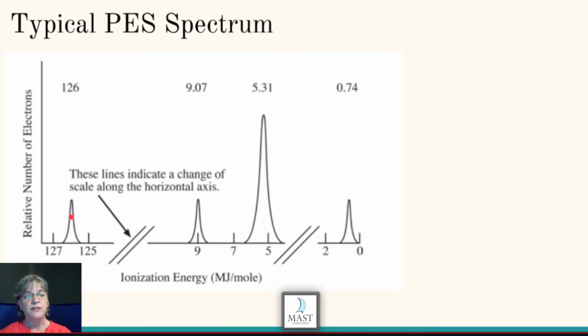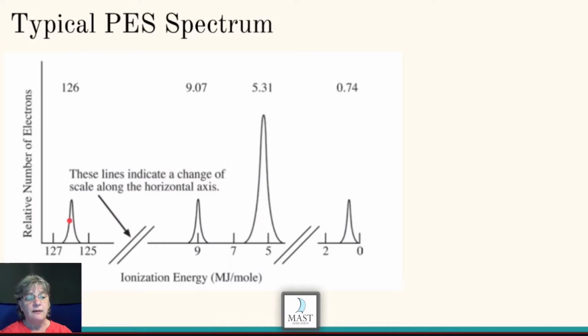So this peak would represent the 1s sublevel, this is the 2s sublevel, this is the 2p, and this is the 3s. The heights of these peaks represent the number of electrons found in those sublevels. We know that this first peak holds 2 electrons, and the reason for that is that the Aufbau principle says we must fill the 1s sublevel before we begin filling the 2s sublevel, and the 1s sublevel holds 2 electrons.